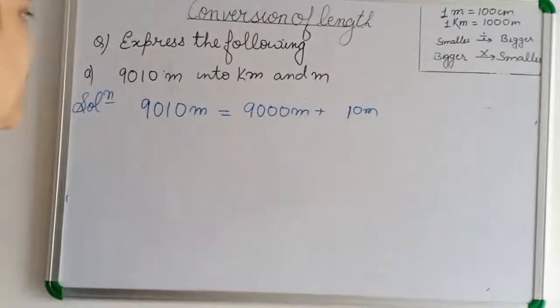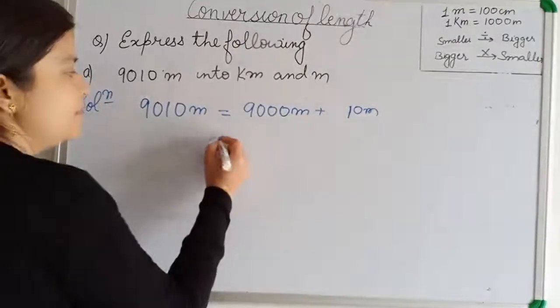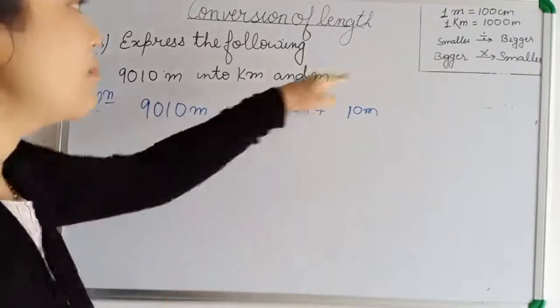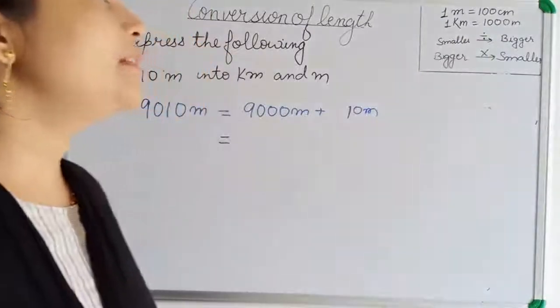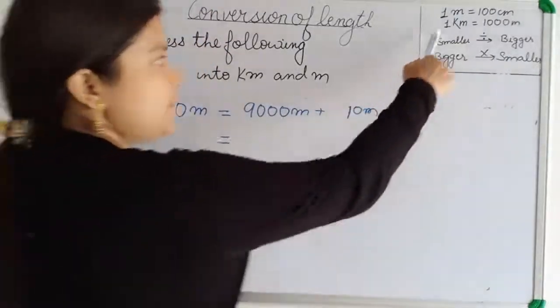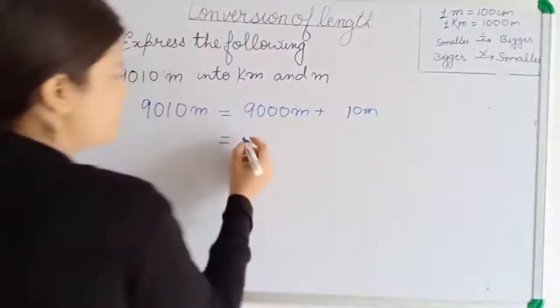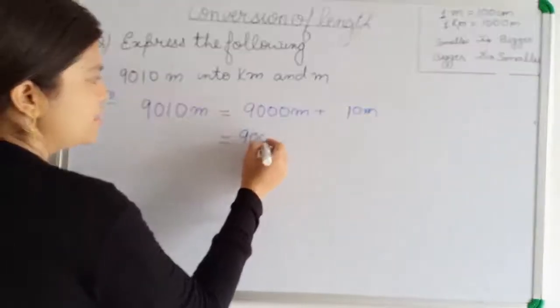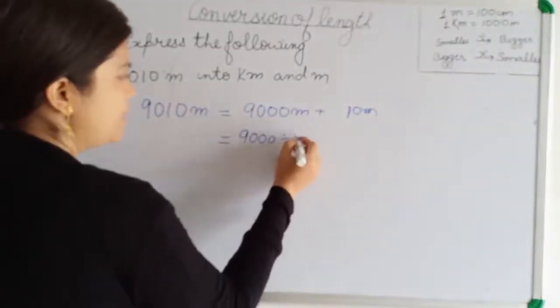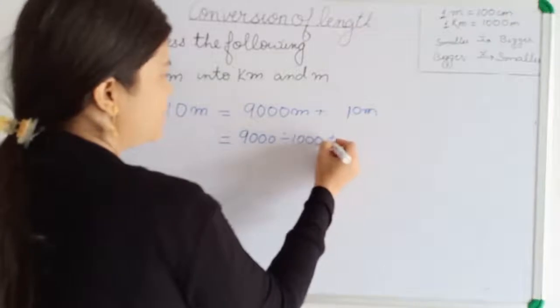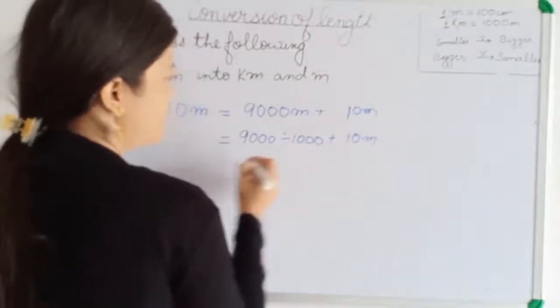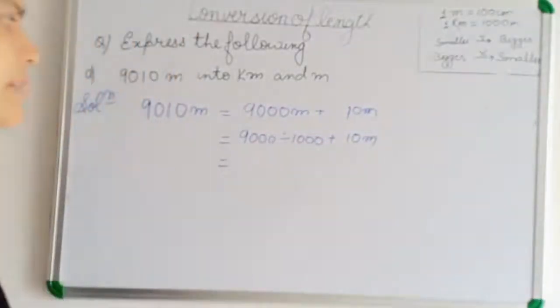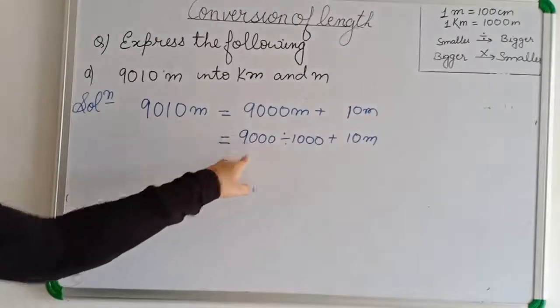Okay. Now we are converting this smaller to bigger, so we have to divide by 1000. So here it will be 9000 divided by 1000 plus 10 meter. When we are dividing any number by 1000, we are just removing 3 zeros from the right hand side.